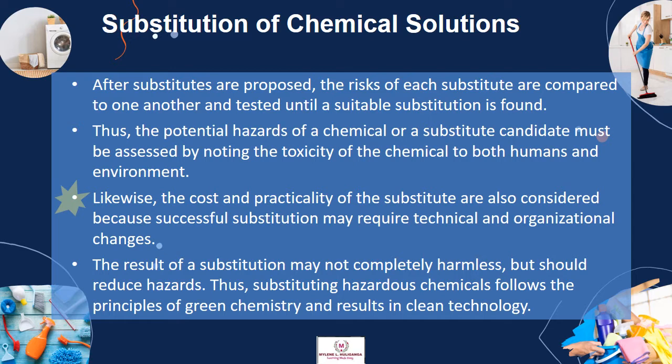Likewise, the cost and practicality of the substitute are also considered because successful substitution may require technical and organizational changes. The result of substitution may not be completely harmless but should be reduced hazard. Thus, substituting hazardous chemicals follows the principles of green chemistry and results in a clean technology.